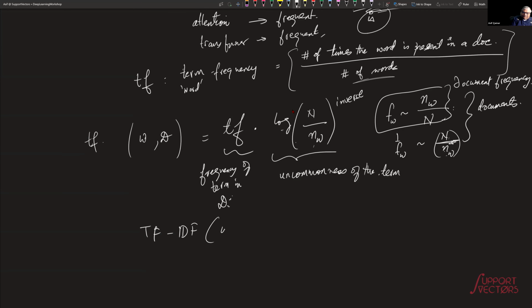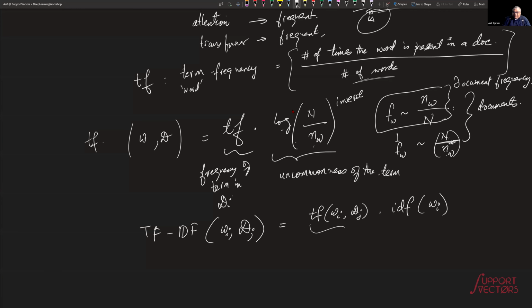TF-IDF of the word i in the document j is equal to the term frequency of the word i in the document j, with the inverse document frequency of just the word itself across the corpus.